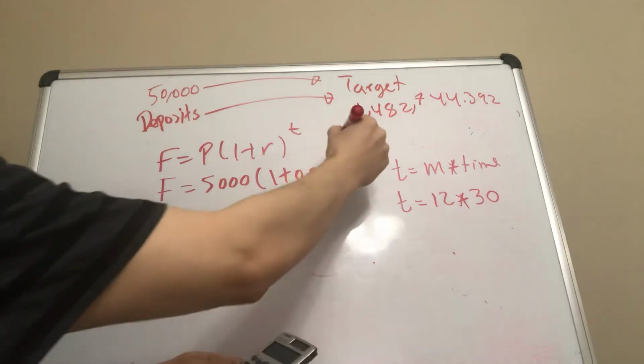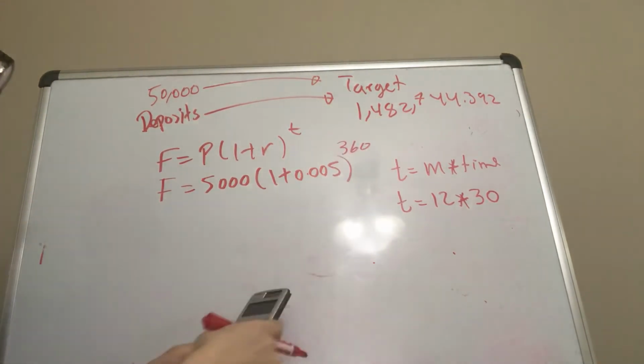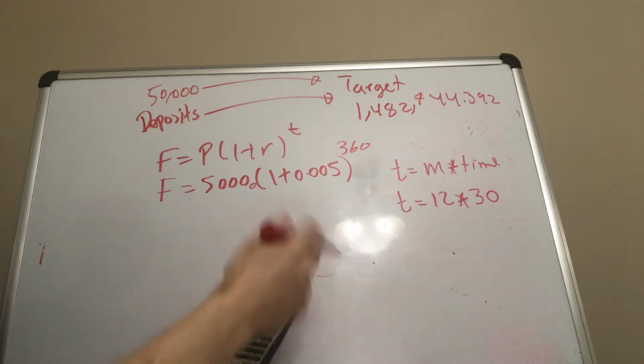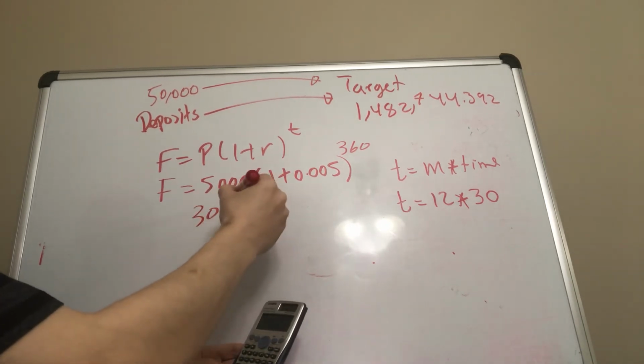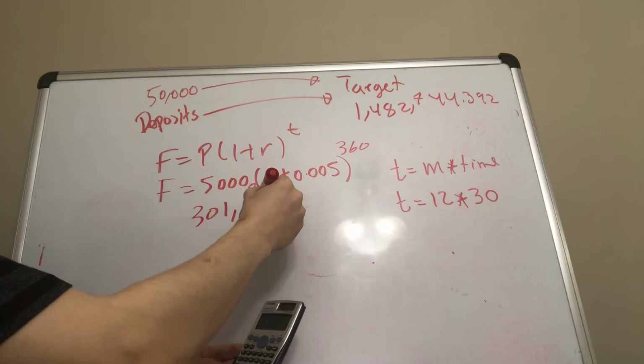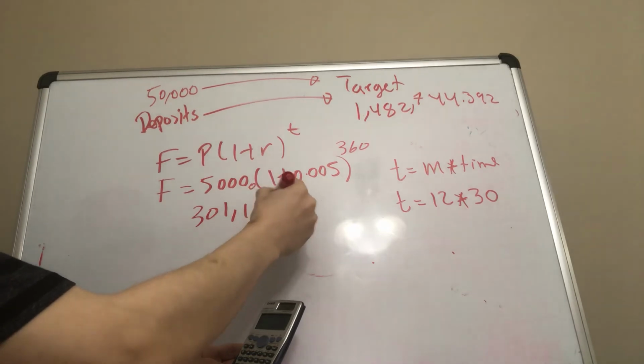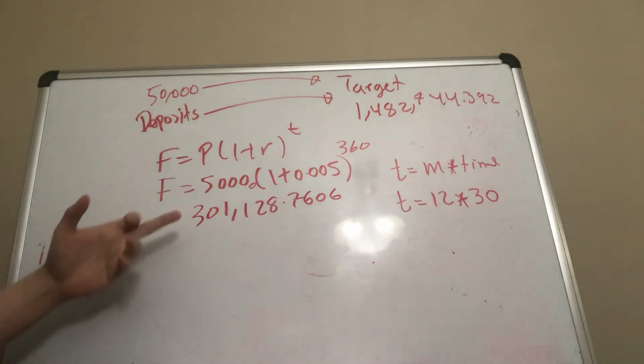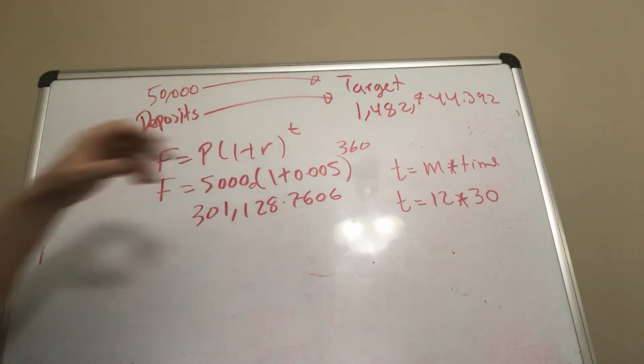That's 360. So you put 50,000 times 1.005 to the exponent 360. So it's 301,128.7606. So that means that she doesn't need to get this amount.